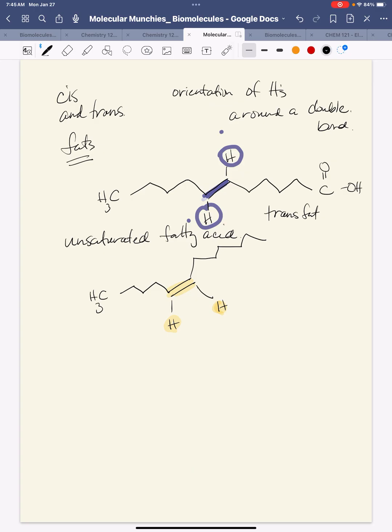Where these two are on opposite sides of the double bond, these guys are on the same side of the double bond. This is the cis orientation, and this is the trans.